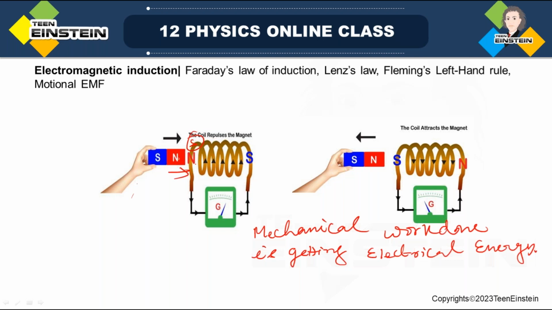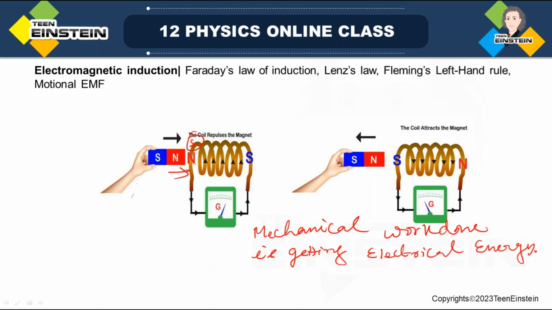That means this bar magnet will be accelerated towards the coil. If instead of a north pole, a south pole is produced, there will be attraction between the south pole induced in the coil, in front of this loop, and the north pole of the bar magnet. So the north pole of the bar magnet will be attracted by this south pole, and hence it will be accelerated, and gradually its velocity will be increasing.